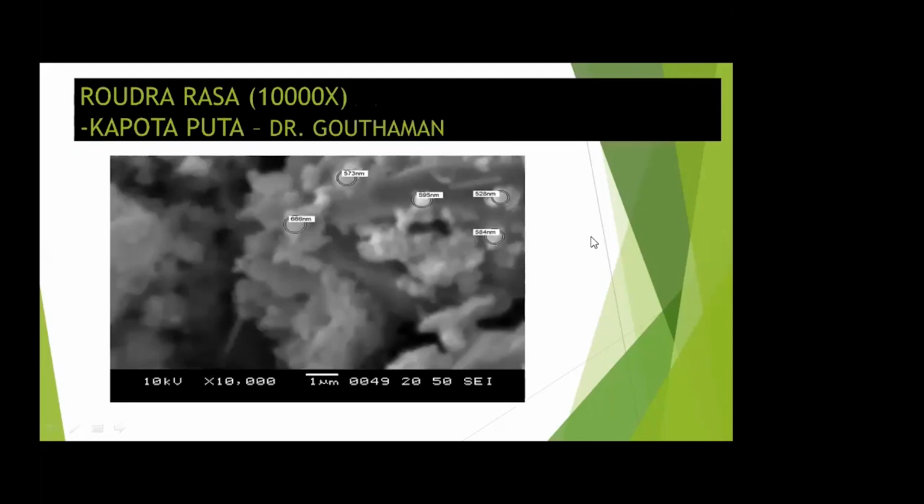And this is 10,000x magnification of a Raudra Rasa sample prepared by Dr. Gautaman by the Kapotaputta method. Here we could identify nanoparticles of 528 nanometers, 573 nanometers, etc.